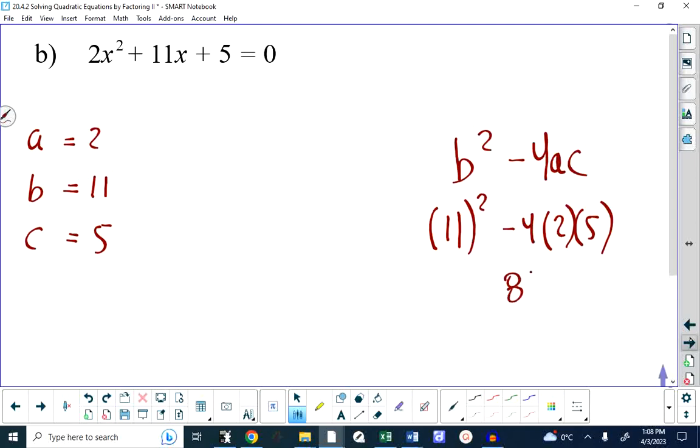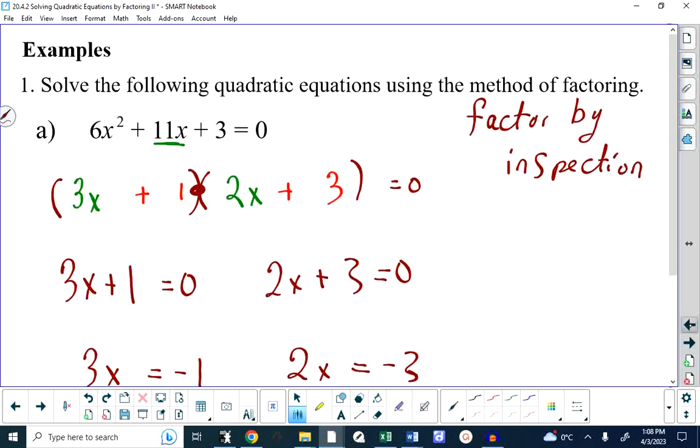And just even from where my eyes are scanning the room, I saw that many of you were just calculating it without a calculator, which you should be able to do. 81. Okay, you know what? Let's calculate b squared minus 4ac for this one. You know, a was 6, b was 11, c is 3. That would be 11 squared minus 4 times 6 times 3.